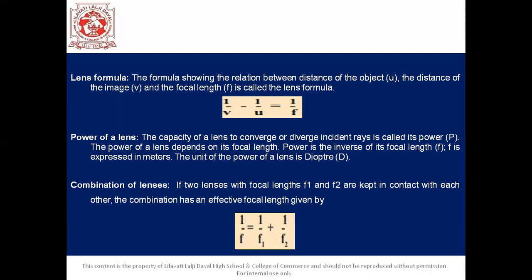The unit for power of a lens is the diopter, that is D. Third one, students, is the combination of lenses. If two lenses with focal lengths F1 and F2 are kept in contact with each other, the combination has an effective focal length given as 1 upon F is equal to 1 upon F1 plus 1 upon F2.